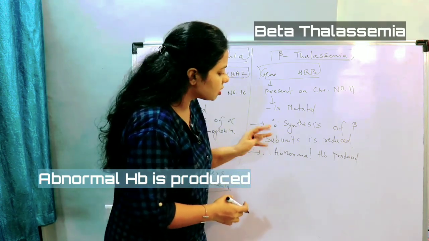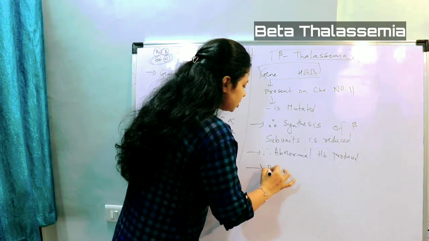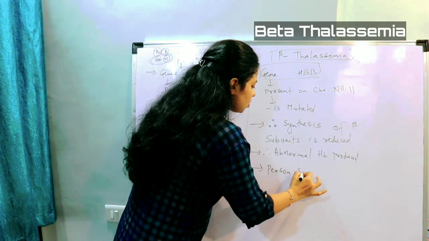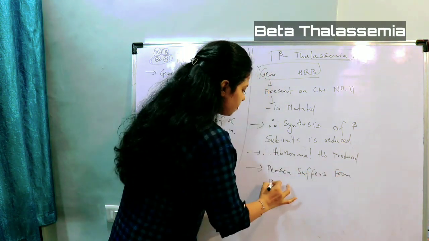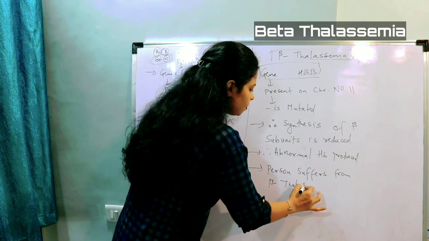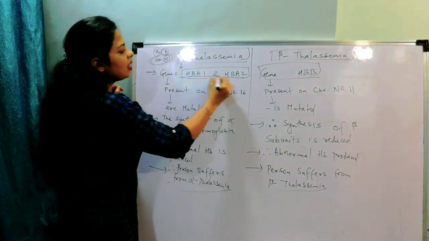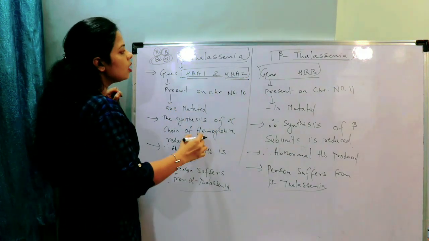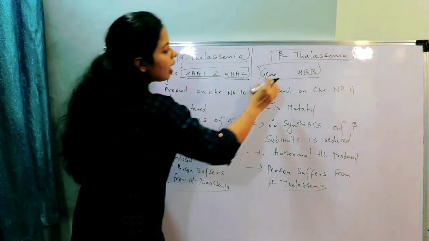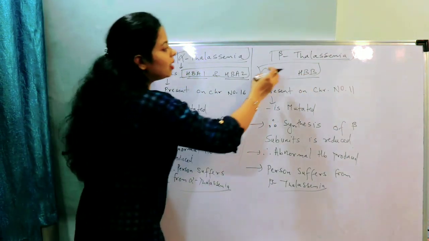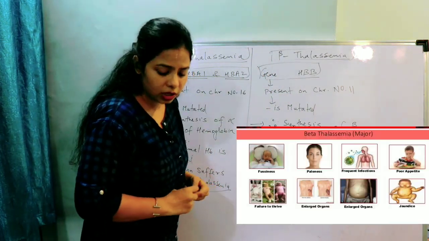The structure is deformed, and the person suffers from beta thalassemia. Is it clear? HBA1 and HBA2 are the genes that, when mutated, cause alpha thalassemia, and the gene HBB, when mutated, causes beta thalassemia. The mutation can be a deletion mutation here.